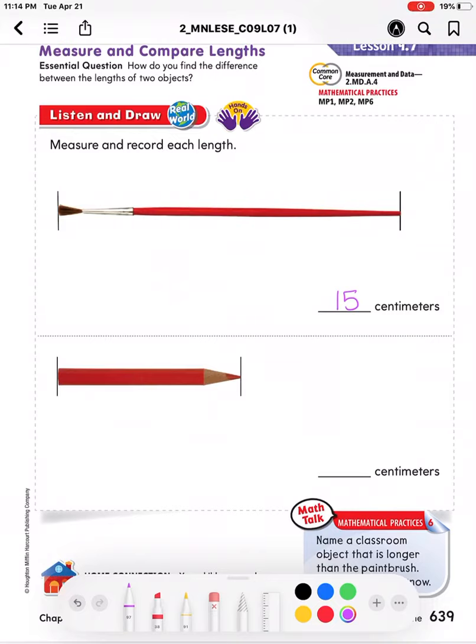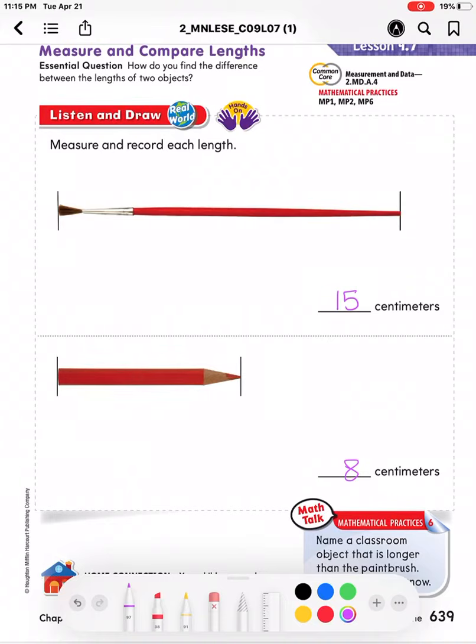Now I need you to search at home for an object that is longer than the paintbrush, okay? And think about how you know that it is longer than the paintbrush.